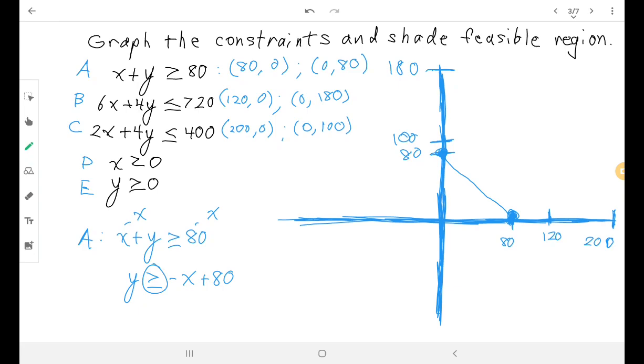And that is your greater than. So your shading would start at the line and shade up. Okay? So that's how I know that this one will shade up. And I'm just going to make a little note there. Okay? So A will shade up. Okay?